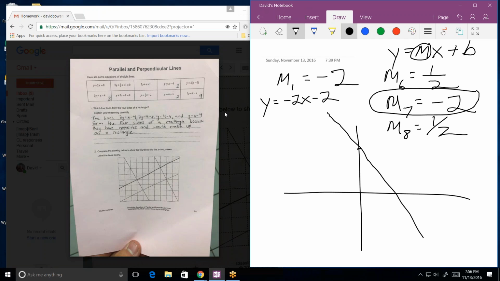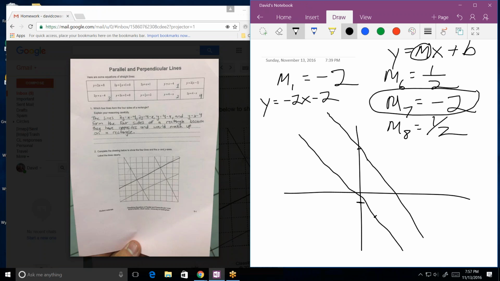Okay, let's plot that. Where do I start? Negative 2. Okay, which is right there. And how do I handle the next point? You go down 2 and right 1 again. Gives me a second point there. Connect those two points and you should have a parallel line with the first equation.